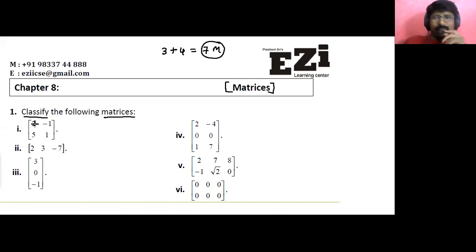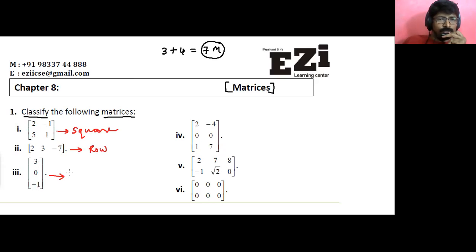And now we will be able to answer this question. Classify the following matrices. Classify means you have to write what is the type of matrix. Students, can you guess what this one is? This is called a square matrix. What is this called? There is only one row, so it is called a row matrix. What is this called, guys?